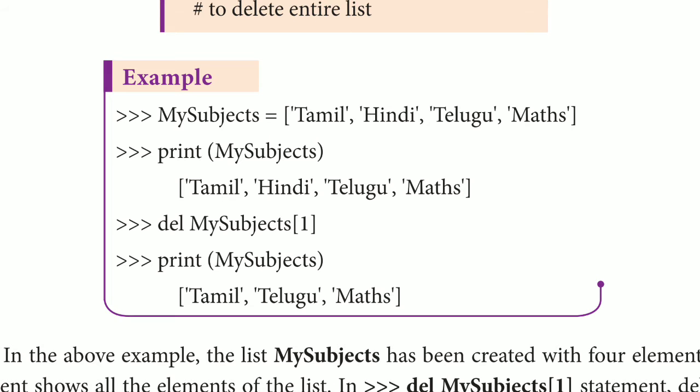So we are deleting only the item which has index value 1. After deleting that, the result of print my subject shows only 3 subjects, excluding Hindi, since it is deleted.